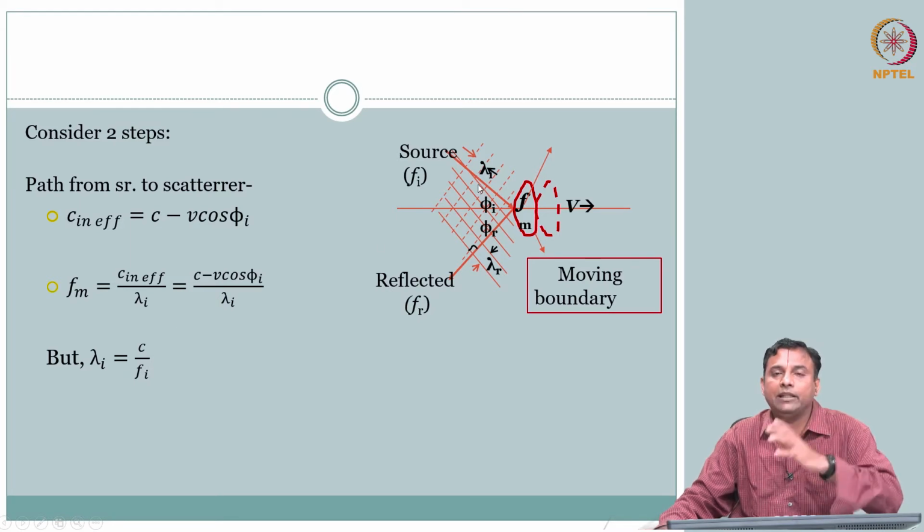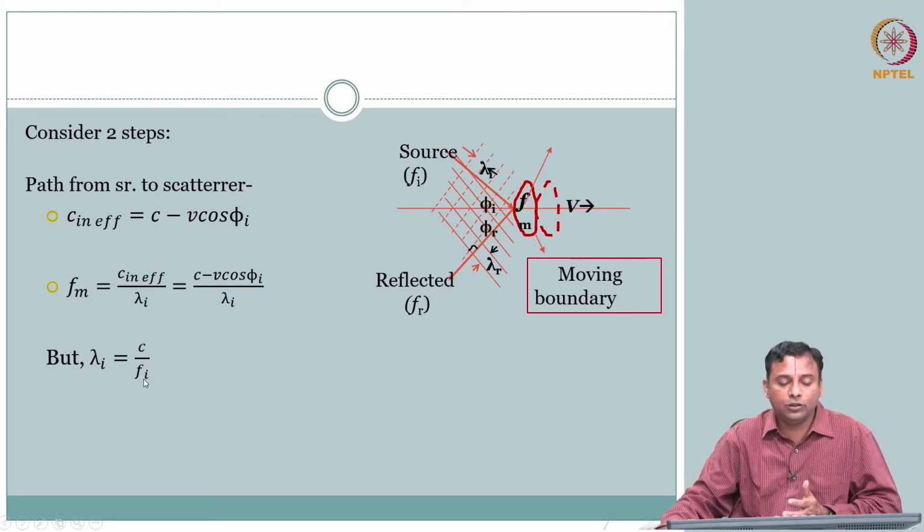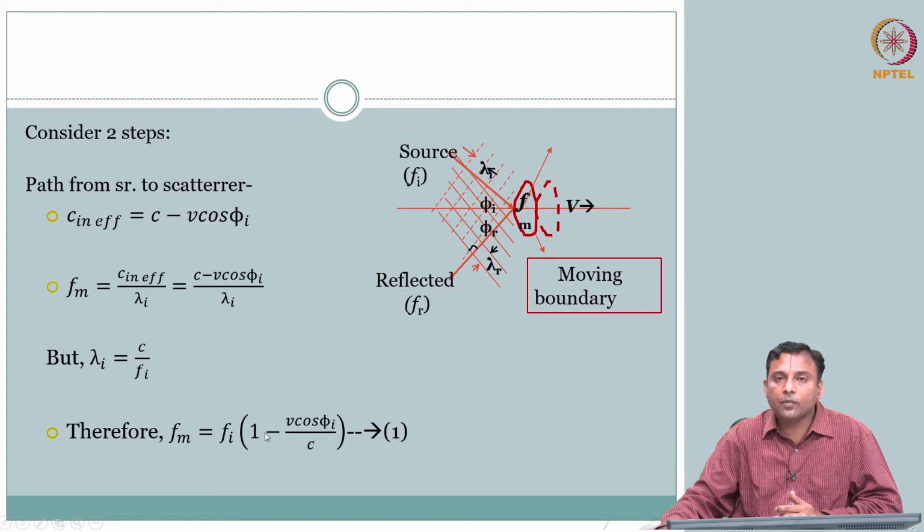You are transmitting in the medium, straightforward, lambda is equal to c by f. So I will just substitute this back so that I get my fm in terms of fi. Of course, with this factor, fm is equal to fi times 1 minus v cos phi i by c. Okay, so this is one equation.